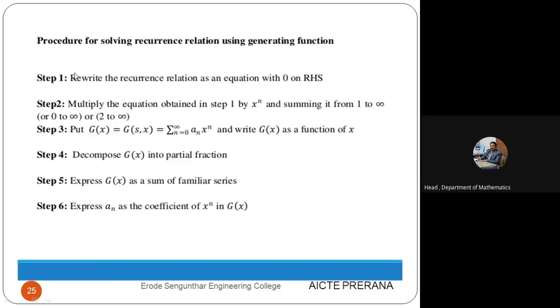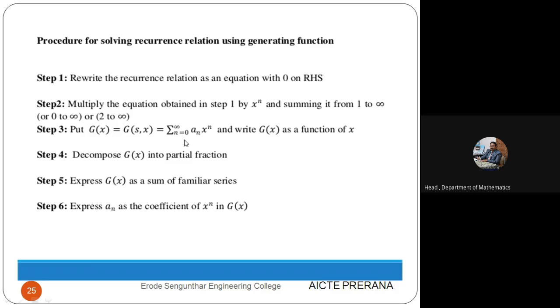The first step is we rewrite the given recurrence relation as an equation with RHS equal to 0. The second step is to multiply the equation by x power n and take summation from 0 to infinity, or 1 to infinity, or 2 to infinity, depending upon the given initial conditions. Then step 3 is we use the generating function in our equation.